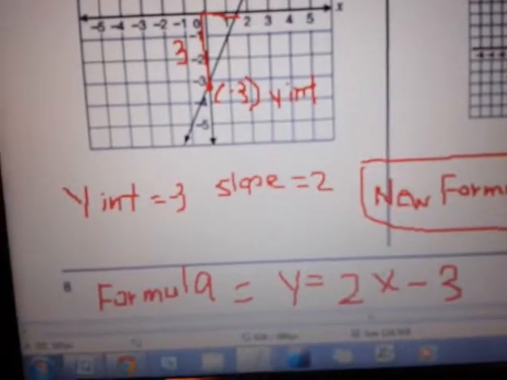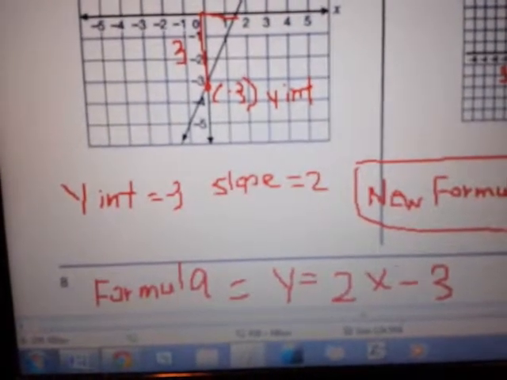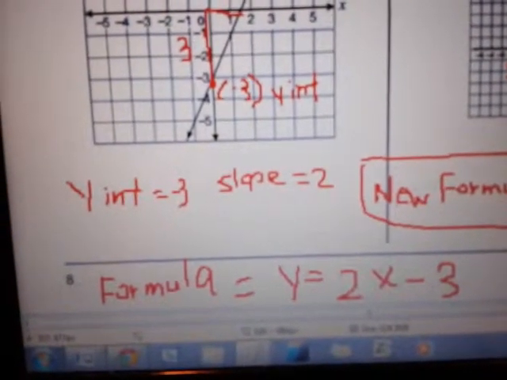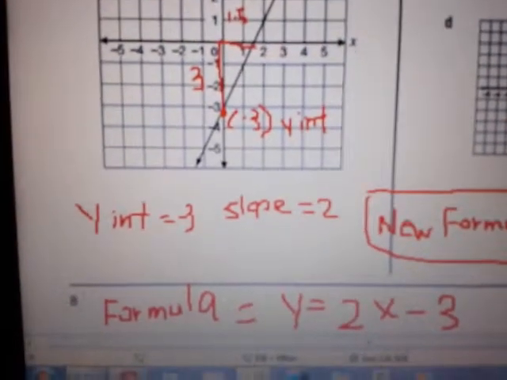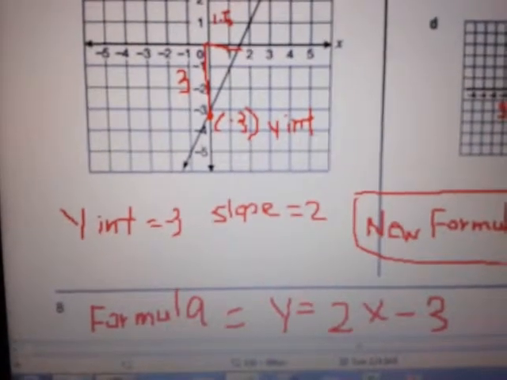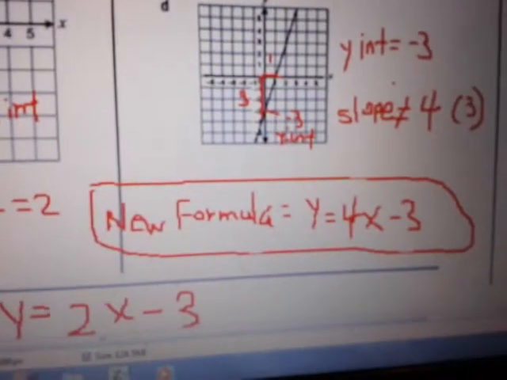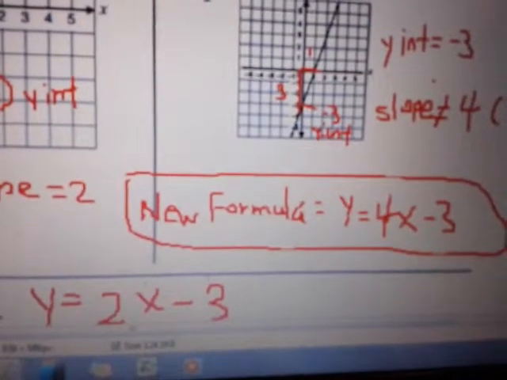So the formula for this graph would be 2x minus 3. And they ask for if the slope is doubled and the y-intercept remains constant. So you would have a new equation of 4x minus 3. So a slope of 4, y-intercept is the same.